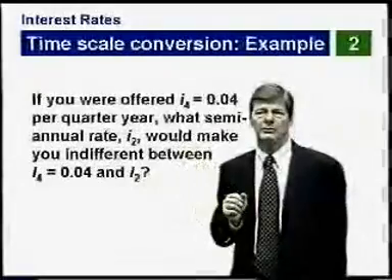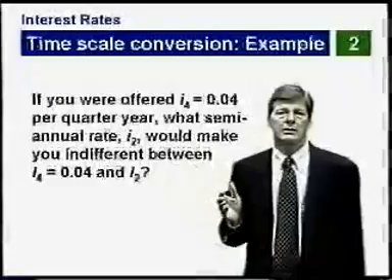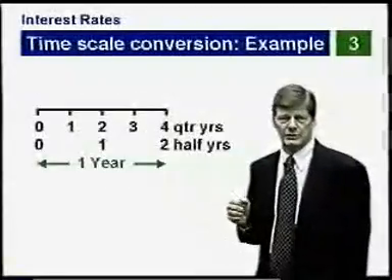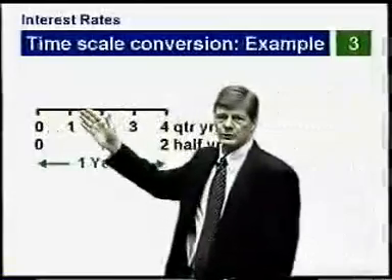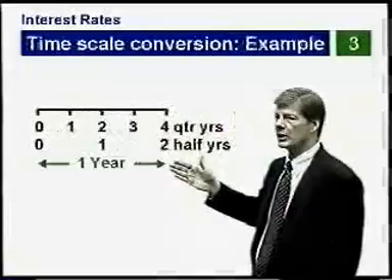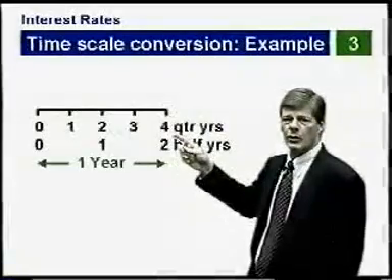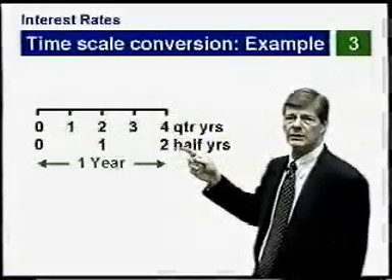Basically, to solve this problem, we need to solve an equivalence problem. In particular, let's represent it this way. Let's show our cash flow diagram over a 1-year period of time in which we've divided the year up into 4 quarters as well as 2 half-year increments.